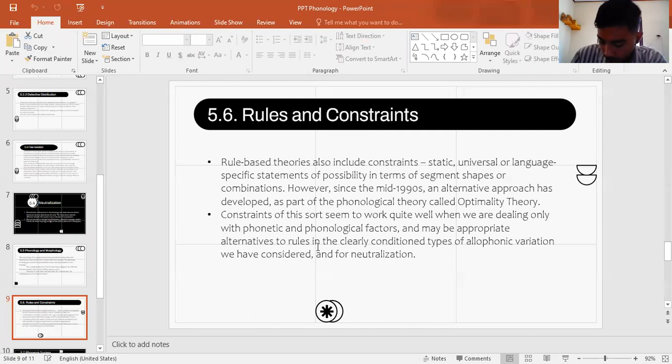Constraints work well when we are dealing only with phonetic and phonological factors, and may be an appropriate alternative to rules in the clearly conditioned type of allophonic variation we have considered and for neutralization.